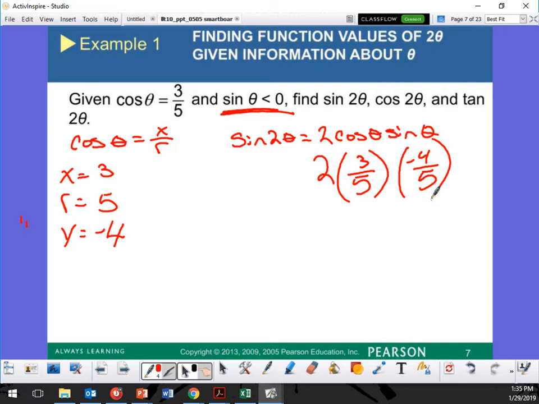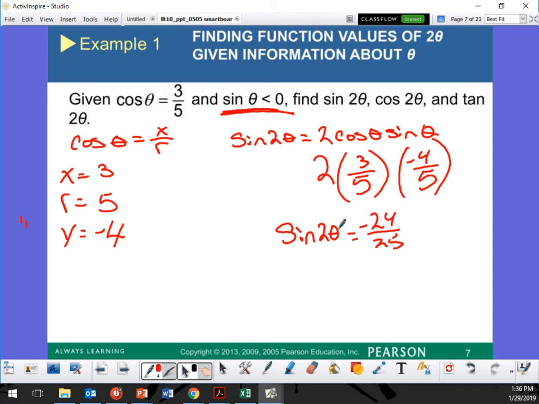Multiply. So we get, let me see, negative 12, negative 24. So this one is my sine 2 theta. Yes? Okay, so there's that one.